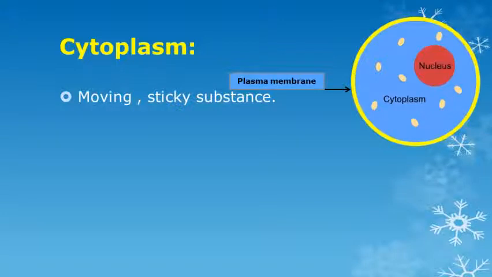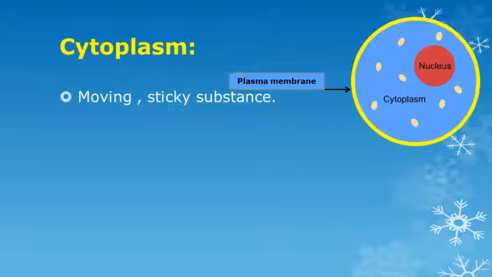Now why does it move? Inside the cell, the cytoplasm moves so that nutrients and proteins are carried to their appropriate place. That's why it is a moving, gel-like substance. Many cell organelles are suspended in the cytoplasm. That means other cell organelles are present in the cytoplasm.